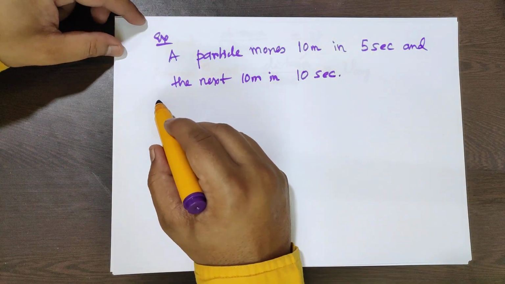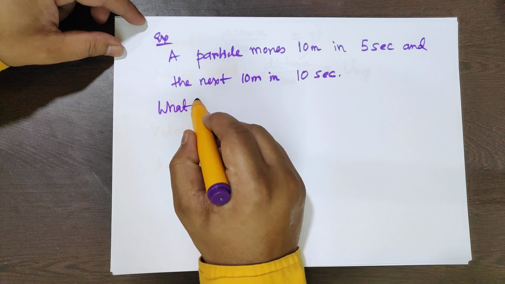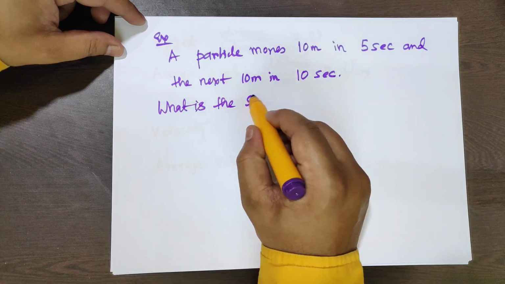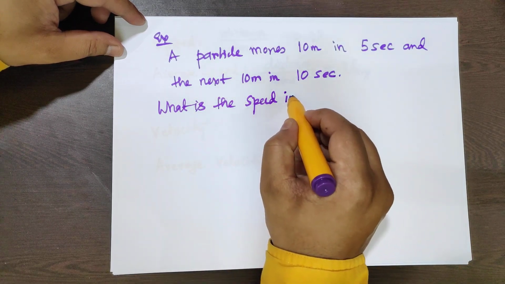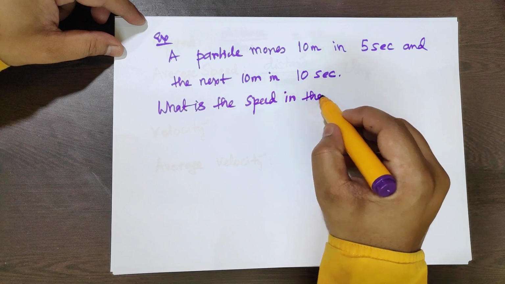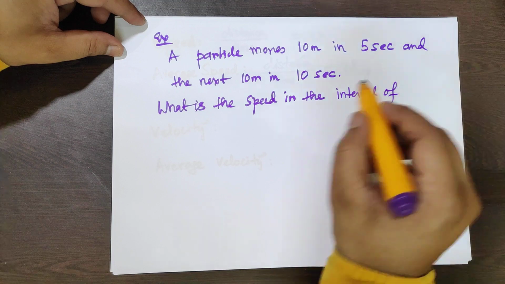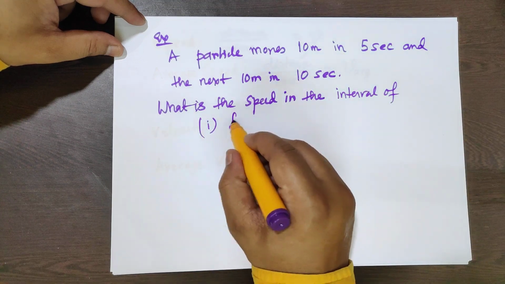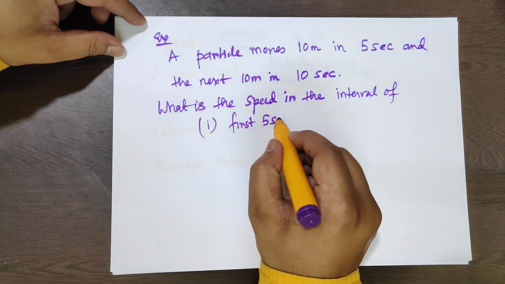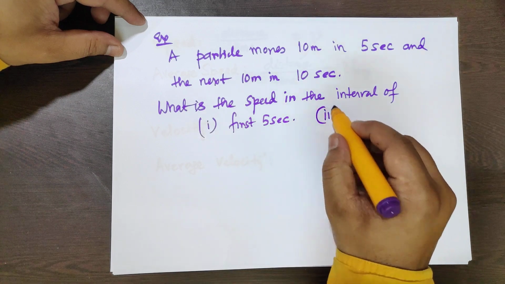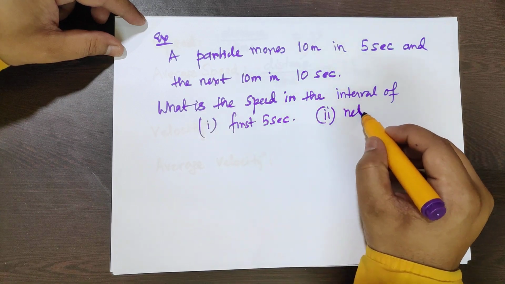Now what is the speed in the interval of the first 5 seconds, then the next 10 seconds?